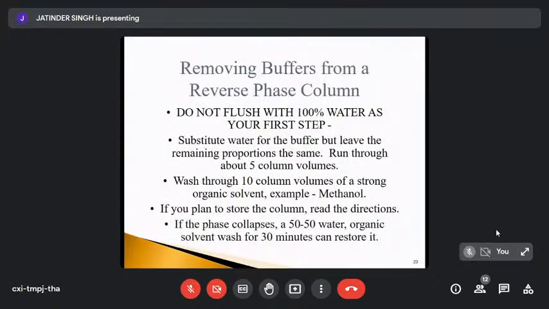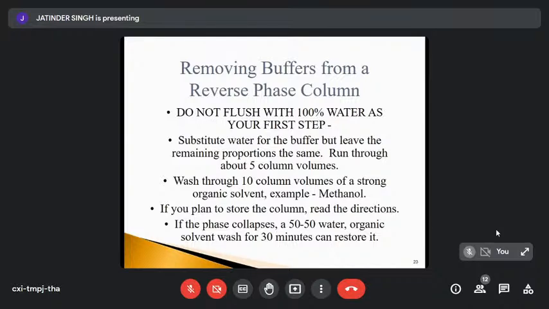And another thing is, in reverse phase, if there are any buffers in the mobile phase, we must wash the column regularly with different ratios of water, so that all the buffers are removed, because buffers contain salts, and salts get precipitated out after the evaporation of the solvent.